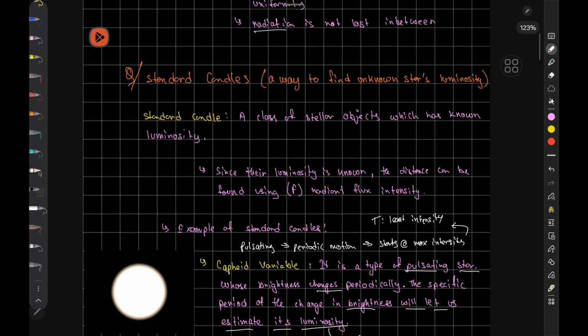By the way, what we are doing over here in the standard candle chapter is we're trying to use something called standard candles to find how far unknown stellar objects are.